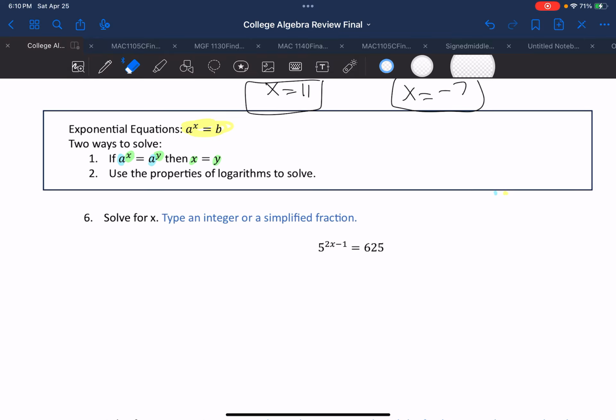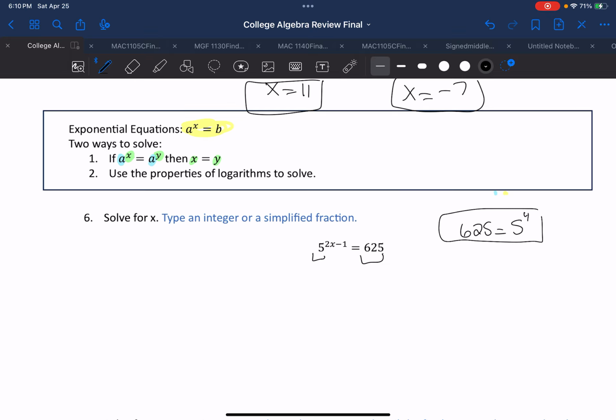And that's what we're actually going to use here in this number 6, because 625 can be rewritten as a power of 5. And that's going to be 5 to the 4th power. So 625 is equal to 5 to the 4th.